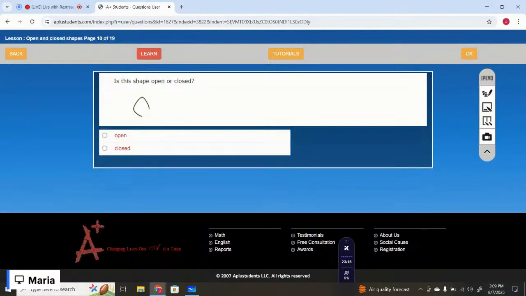Is the shape open or closed? Open it is. Okay, you can complete the lesson by yourself later today. Let me just move on to the next.